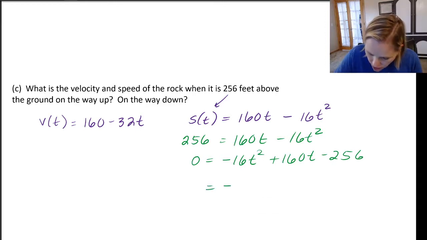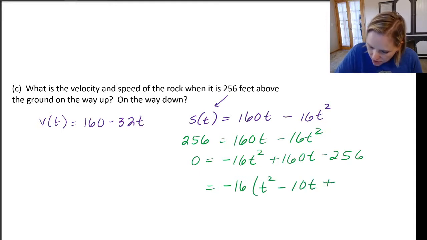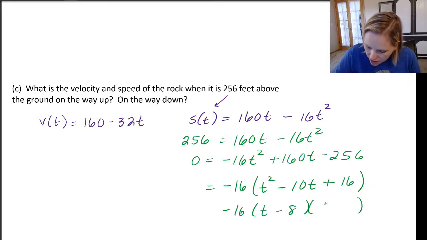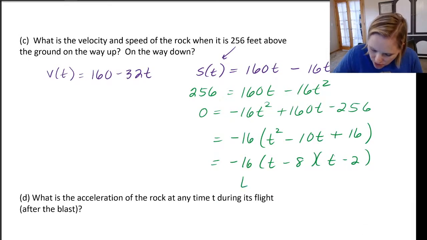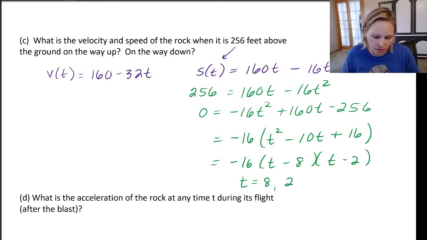So I'm actually going to factor out a negative 16. That's going to leave me with t squared minus 10t plus 16. And when I factor this trinomial, I get t minus 8, t minus 2, which means at the times 8 and 2, I reach this 256.